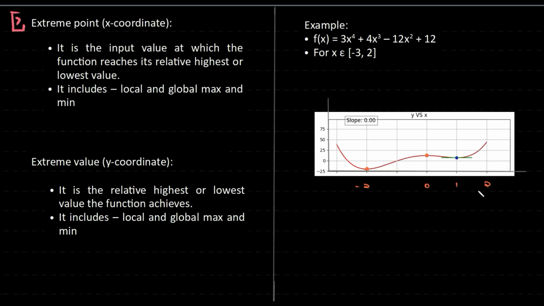Now we have all the possibilities: local maxima, local minima and the global maxima and minima. So these 4 points are your extreme values, extreme points. Okay, so these are your extreme points.